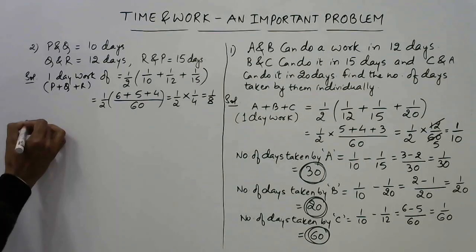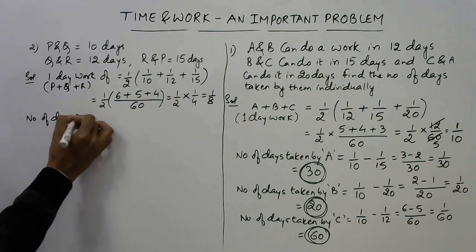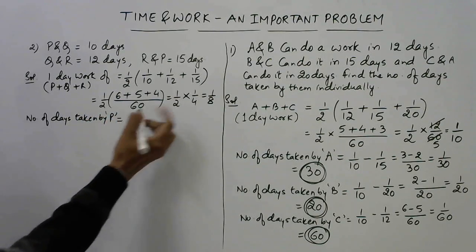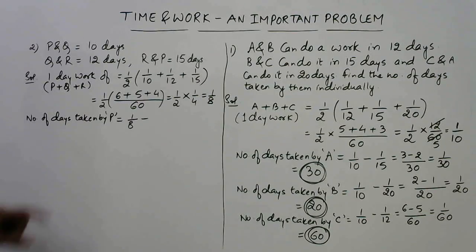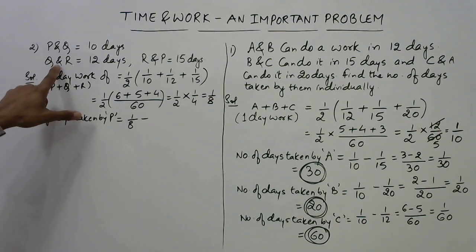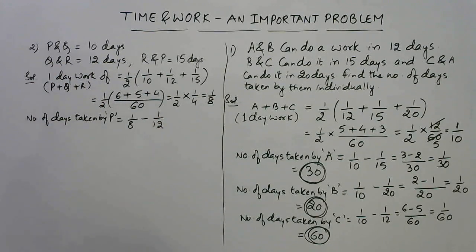So here we have the number of days taken by P. What is the total? That is 1 by 8 minus the pair which does not contain P. This is the pair Q and R, which is 12. So we have to subtract 1 by 12 from this.